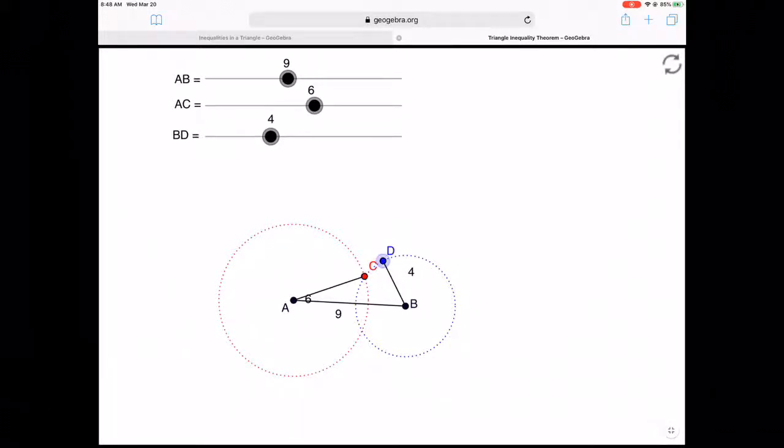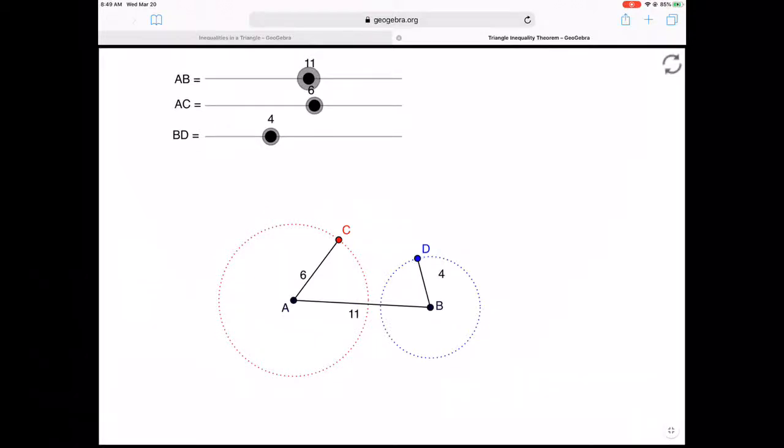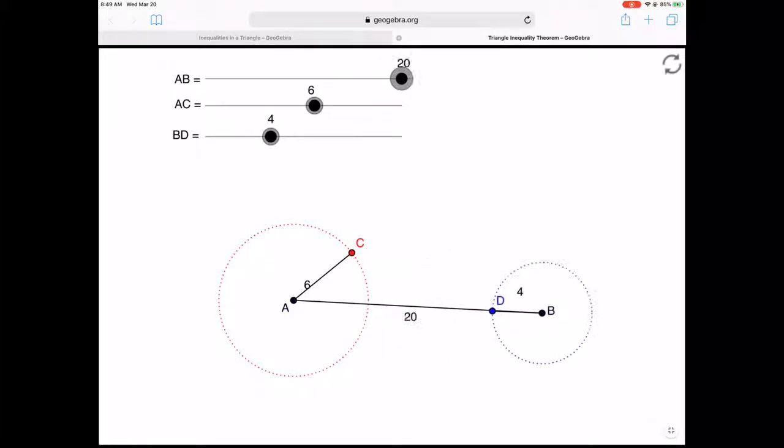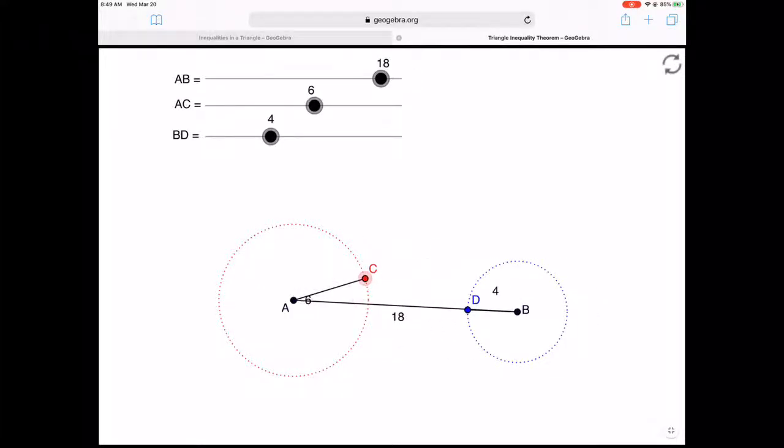We don't have any negative lengths. But if we did 10, we wouldn't be able to make a triangle. And definitely if we had bigger than 10, there's no way that these could ever touch.